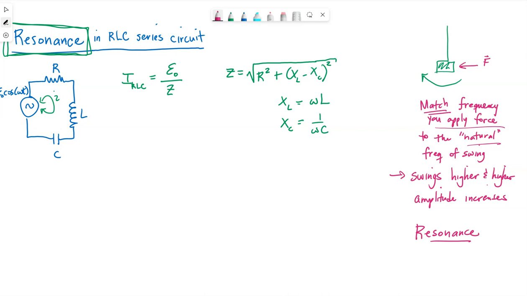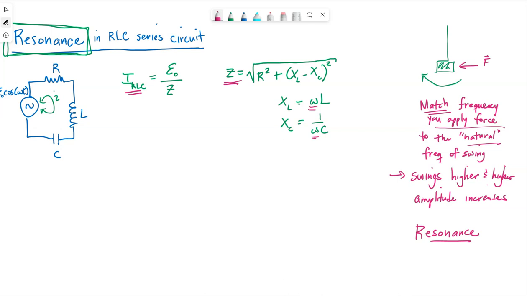In a circuit, when we talk about amplitude getting bigger, we're talking about the amount of current. In this series RLC circuit, the current depends on the source voltage and on Z, but that means it depends upon the angular frequency.